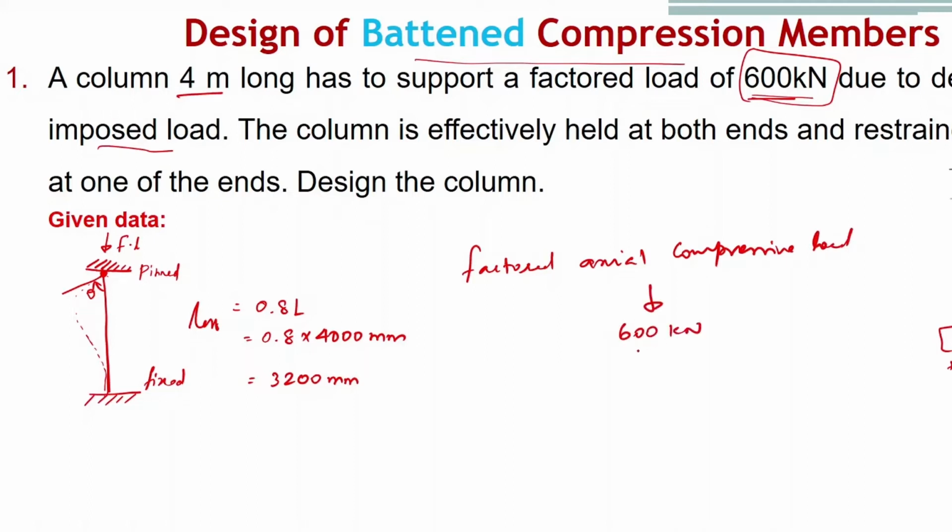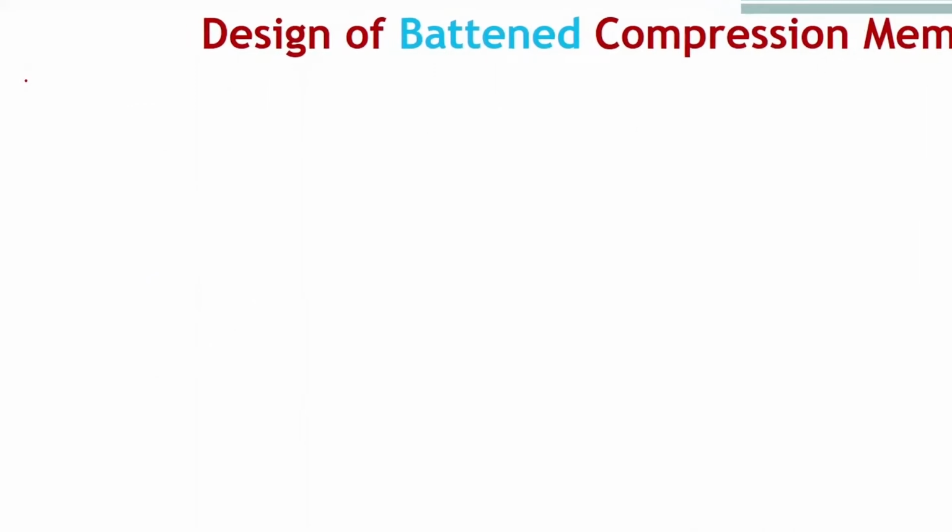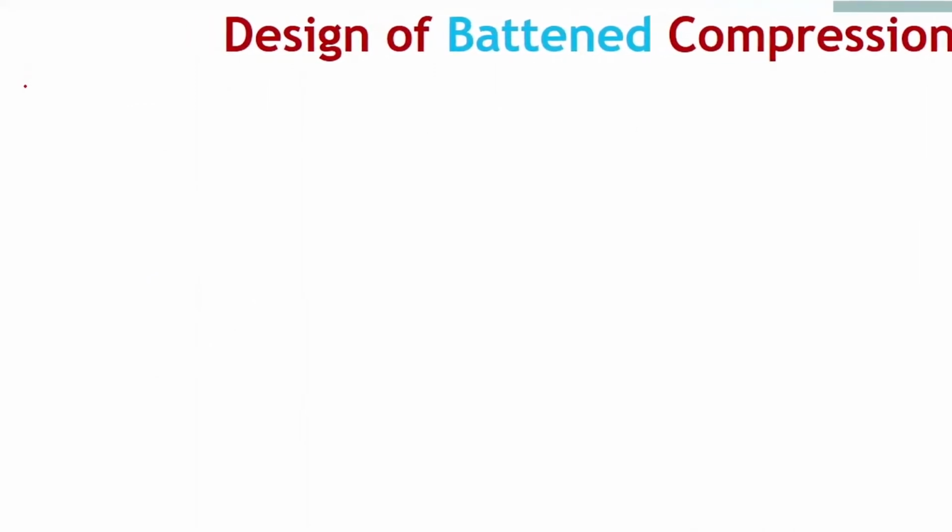So for this 600 kilonewton, we need to design a battened compression member. Okay, before solving this numerical, we'll discuss the procedure.